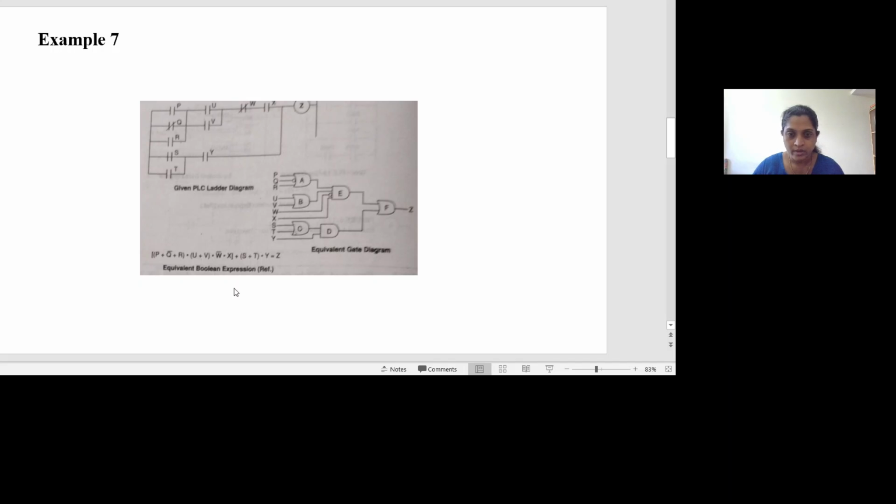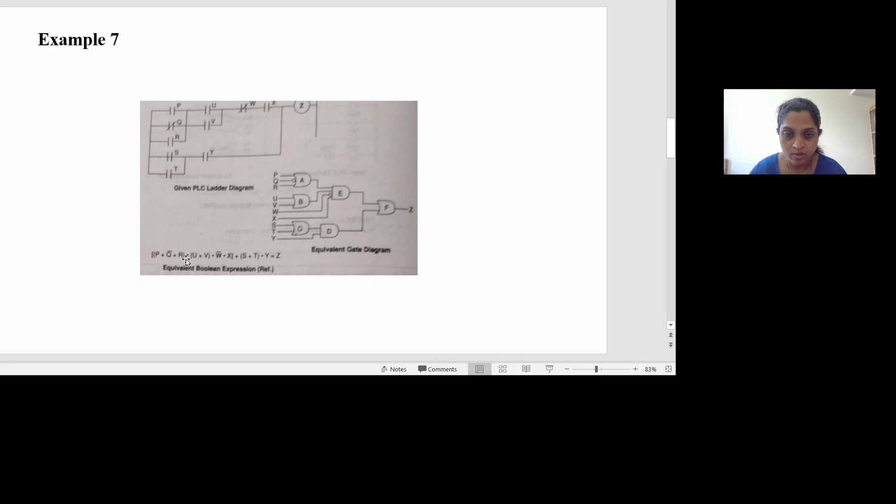And the Boolean equation is written as P, Q bar and R in parallel, OR operation. So P plus Q bar plus R. Then we have U and V OR operation, U plus V. Then in between this, you have the AND gate with 4 inputs.